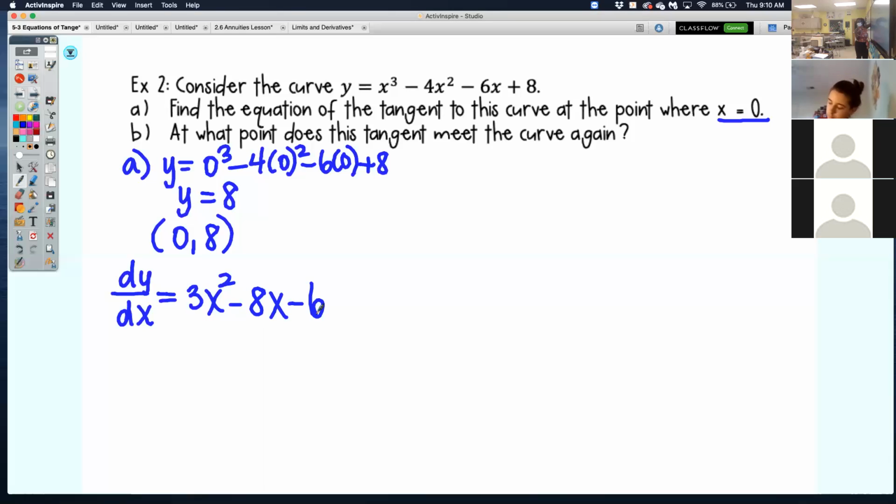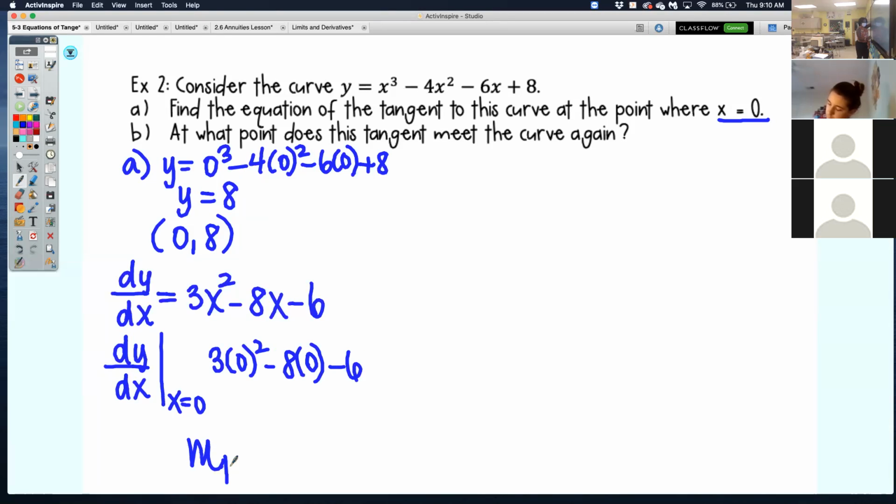So now that I have the derivative to find my gradient, what should I do? Plug in 0. Because we are looking for the gradient of the tangent line at the point when x is 0. So that means we need to plug 0 into our derivative. That's 3 times 0 squared, minus 8 times 0, minus 6. And we find out that the gradient of our tangent line is going to equal negative 6.